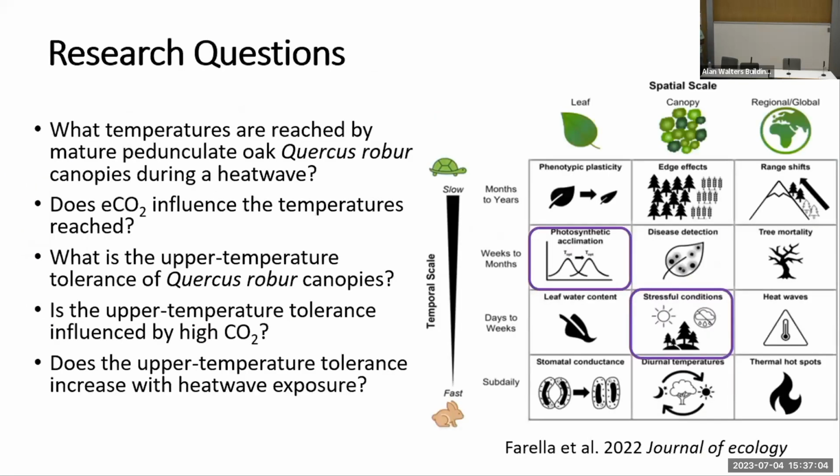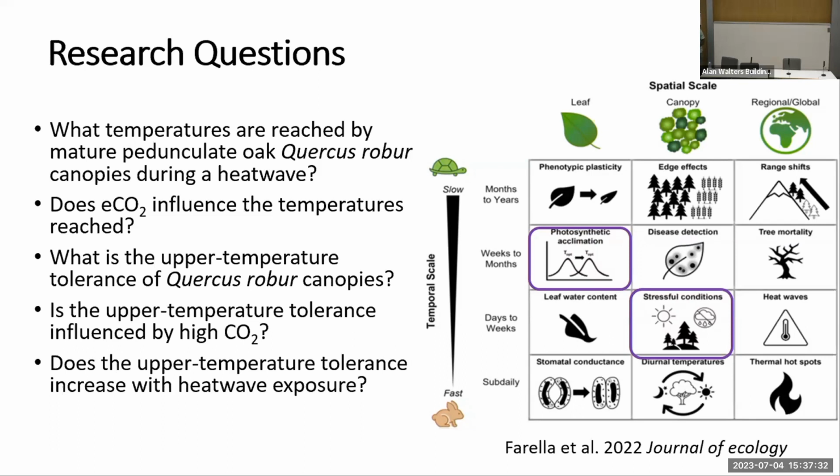Now, for 2022, my main aim was to look at what temperatures are reached by the mature leaves of oaks under heat wave conditions, and whether the elevated carbon dioxide affects the temperature experienced by the leaves.